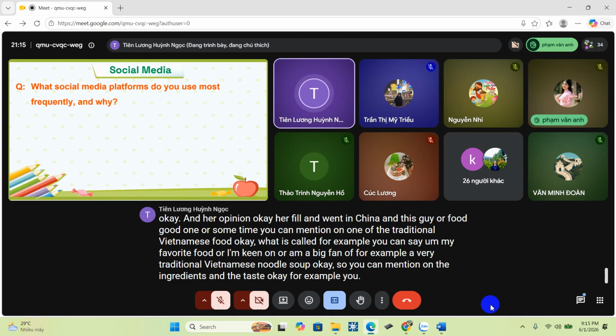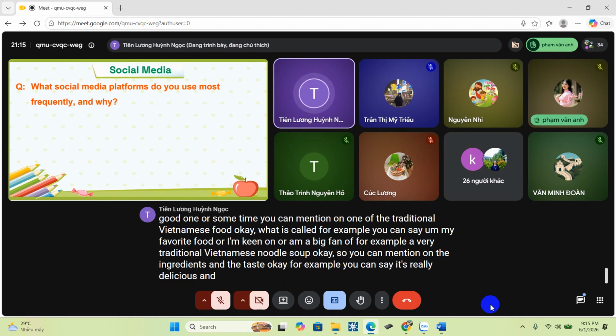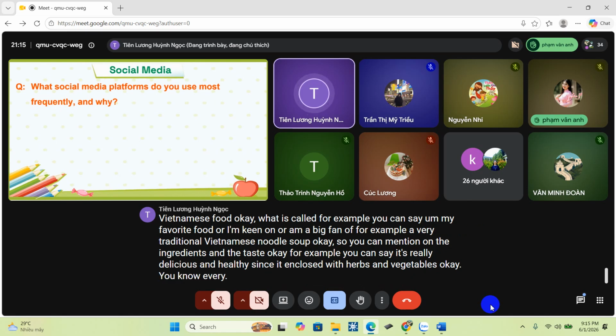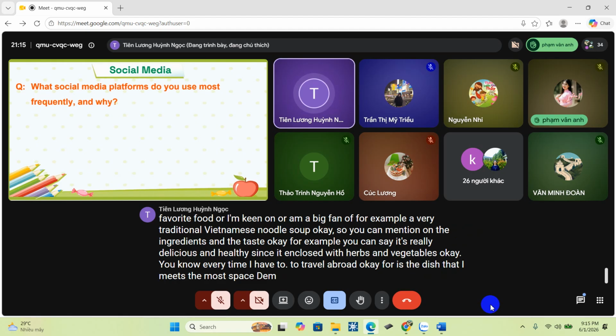For example, you can say it's really delicious and healthy since it includes beef, herbs, and vegetables. Every time I have to travel abroad, pho is the dish that I miss the most, for example.